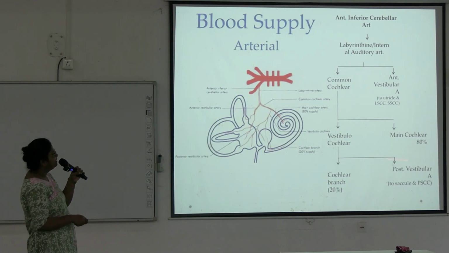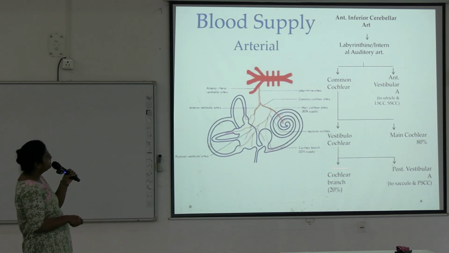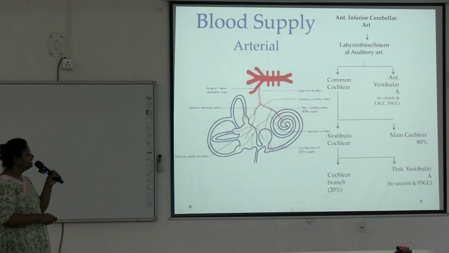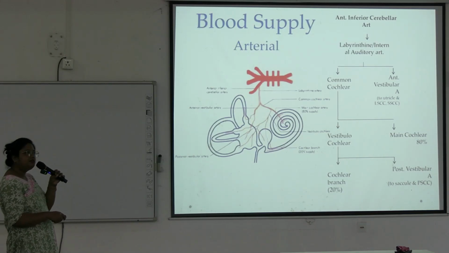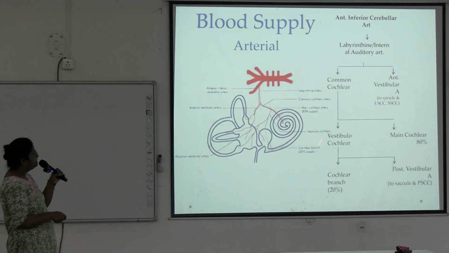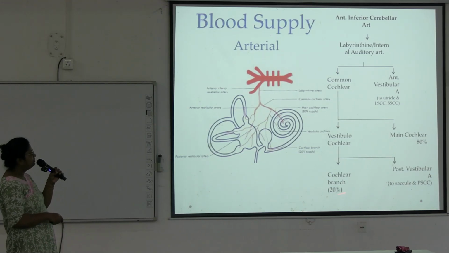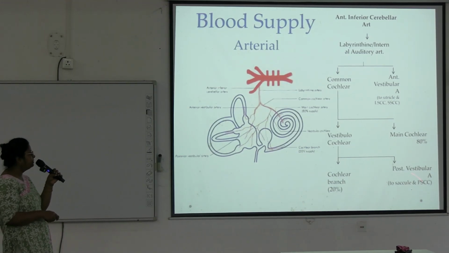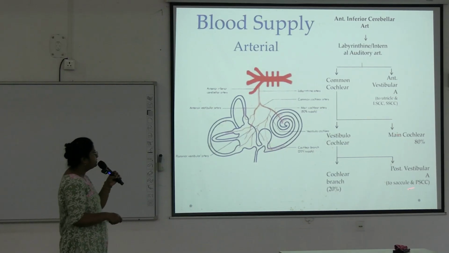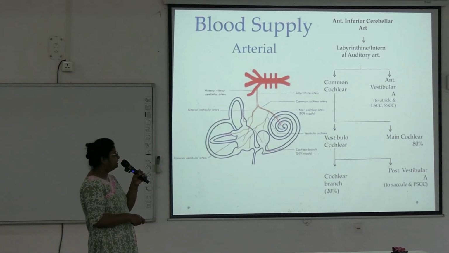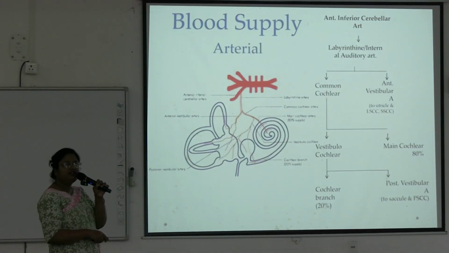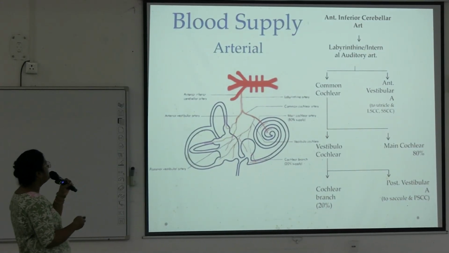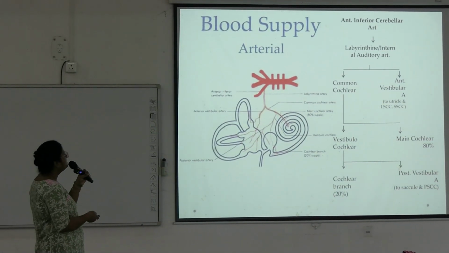And the common cochlear artery supplies the vestibulocochlear and main cochlear branch. The main cochlear branch supplies 80% of the cochlea, and the vestibulocochlear gives another cochlear branch which supplies 20% of the cochlea, and it also gives the posterior vestibular artery supplying the saccule and posterior semicircular canals. So this is the arterial supply of the inner ear.